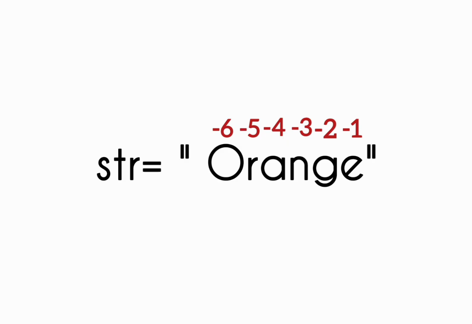So here the indexing starts from -1 and goes from right to left, like -1, -2, -3, -4, -5, and -6. Like I can say that the position of A in the string orange is -4 here. This is how indexing can be done.